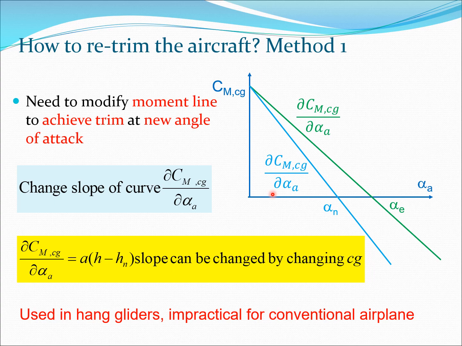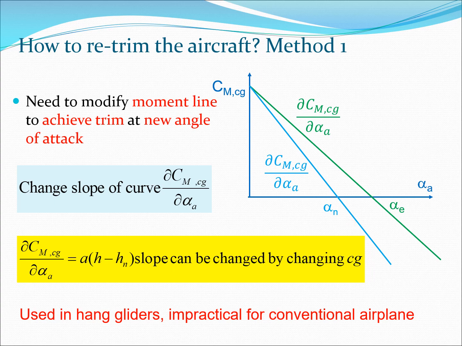So this concept of changing the slope is of course theoretically possible, and we can go back to our previous lecture and see that this slope is related directly to A into H minus Hn, which is also the distance between the CG and the neutral point. So theoretically, since the neutral point is fixed, you could move around the CG and you could change the slope of this line by moving around the center of gravity of the aircraft.